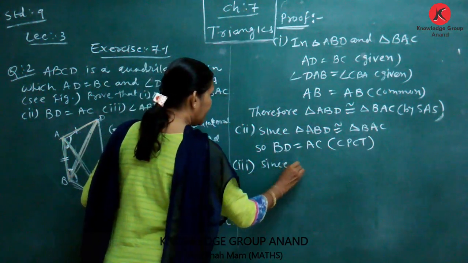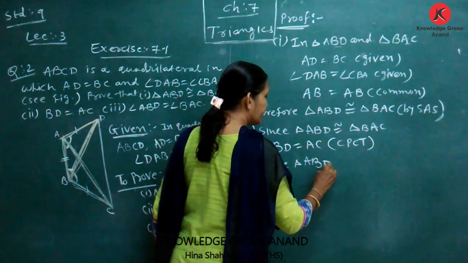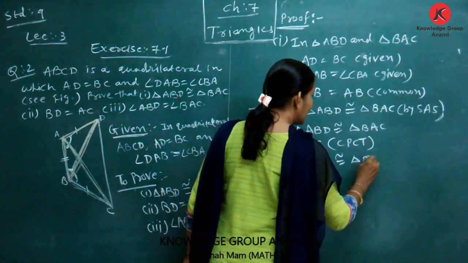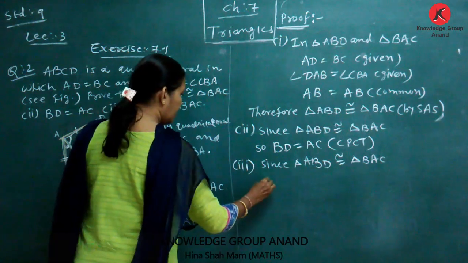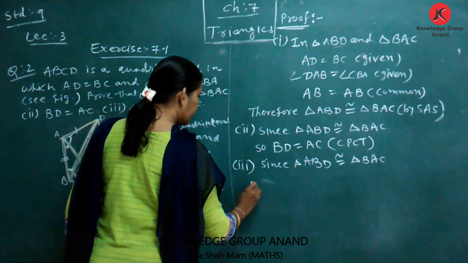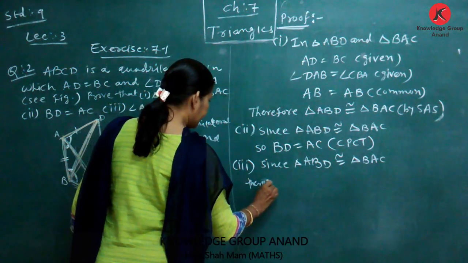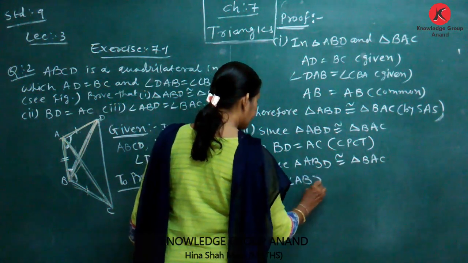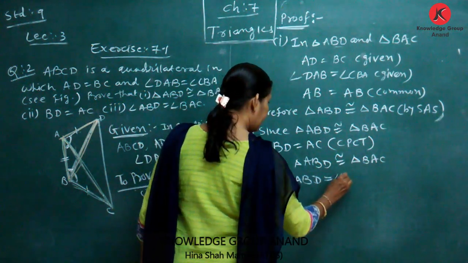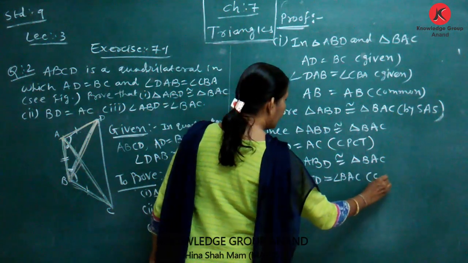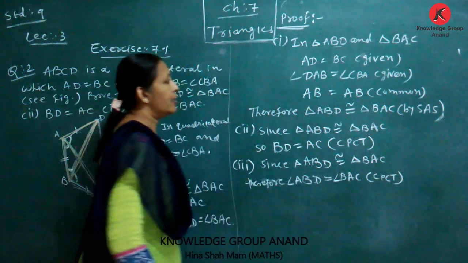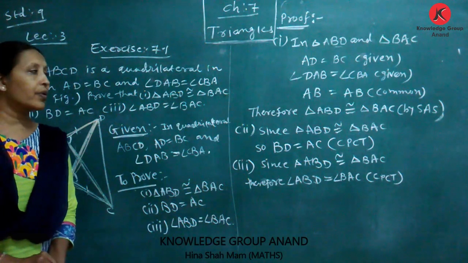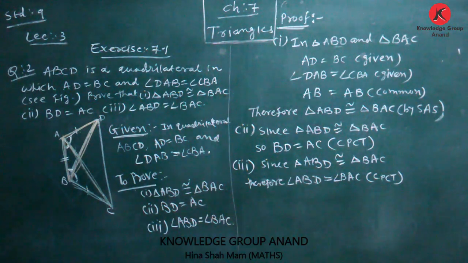Since triangle ABD is congruent to triangle BAC, therefore angle ABD equals angle BAC by CPCT, corresponding parts of congruent triangles. Question number 2 is here.